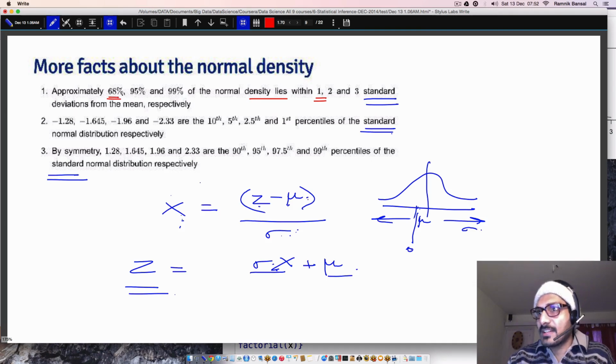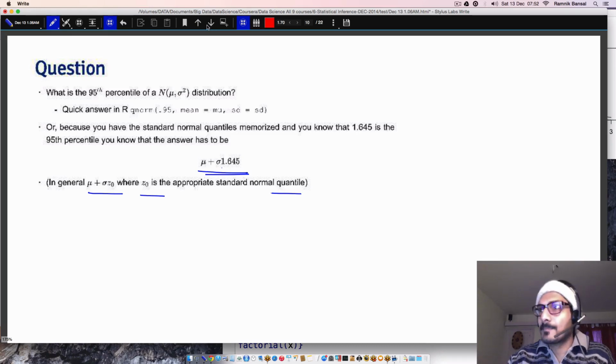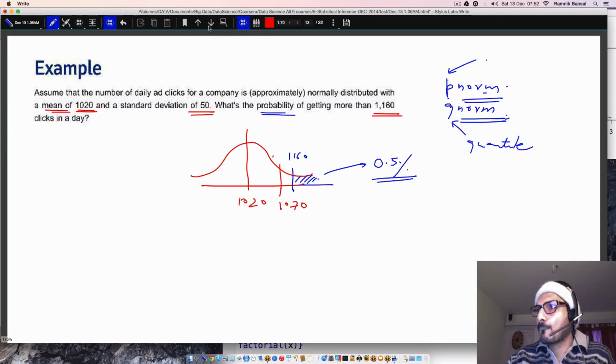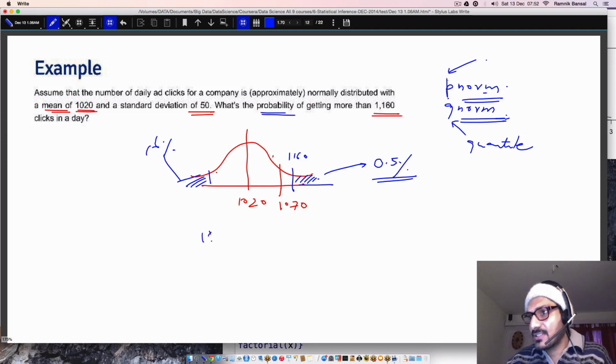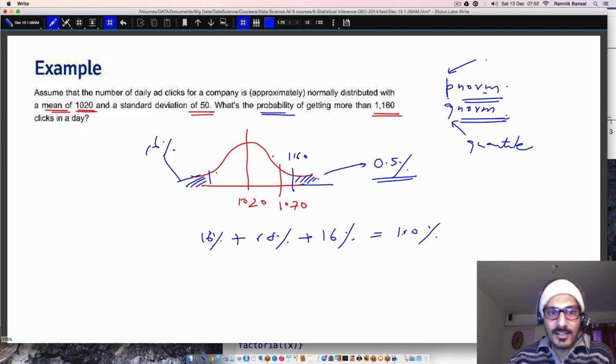So 100 minus 68% is 32%, and they are equally distributed. So I will get 16% on both sides. 16% plus 68% plus 16% gives me 100%. Clear? That's how this will be 16%.